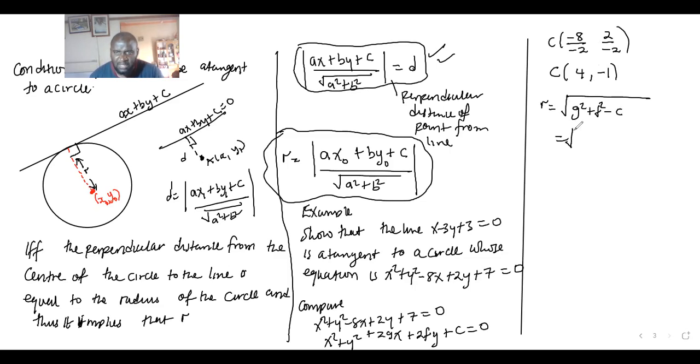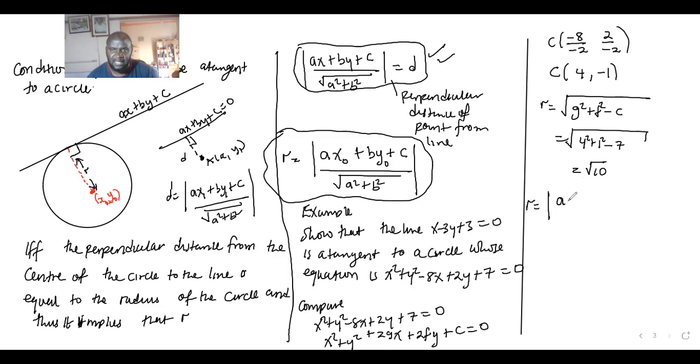The radius is going to be the square root of 4 squared plus 1 squared minus 7, which gives us what? 17 minus 7, so the radius is square root of 10. Now, we go to the formula and show, when we get the perpendicular distance of the center to the line, do we get root of 10? If yes, then the line is a tangent to the circle.